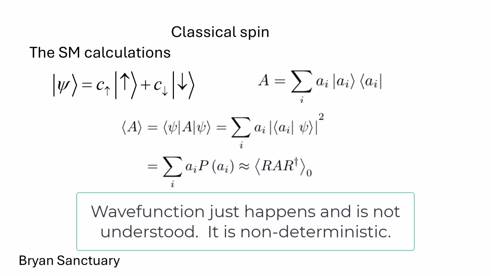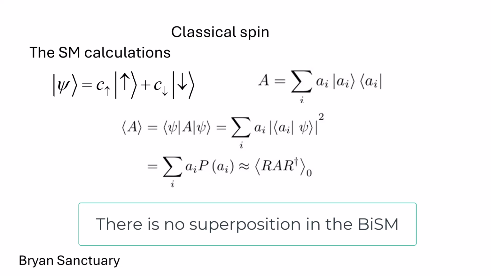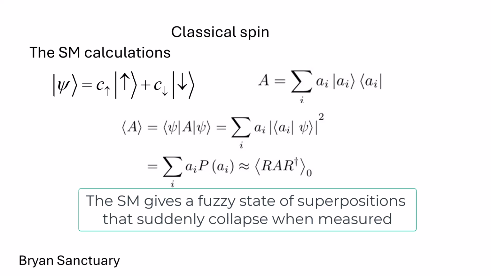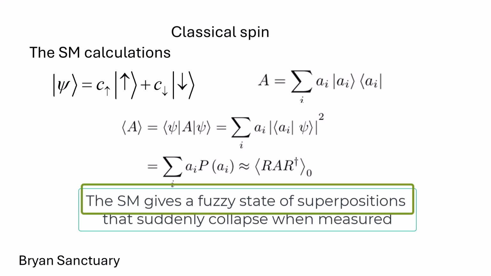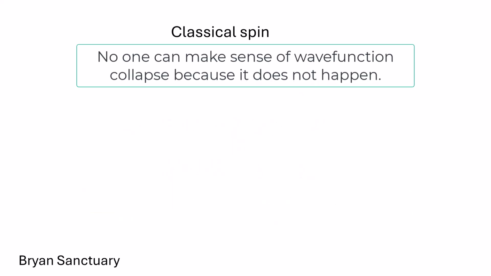It just happens. There is no superposition in the bivector model because the structures are real objects in three-dimensional space. So we do calculations differently and project out the scalar or the invariant part of the multivector, and this gives the real structure. The standard model gives fuzzy states or superpositions which suddenly collapse when measured. No one can make sense of it.